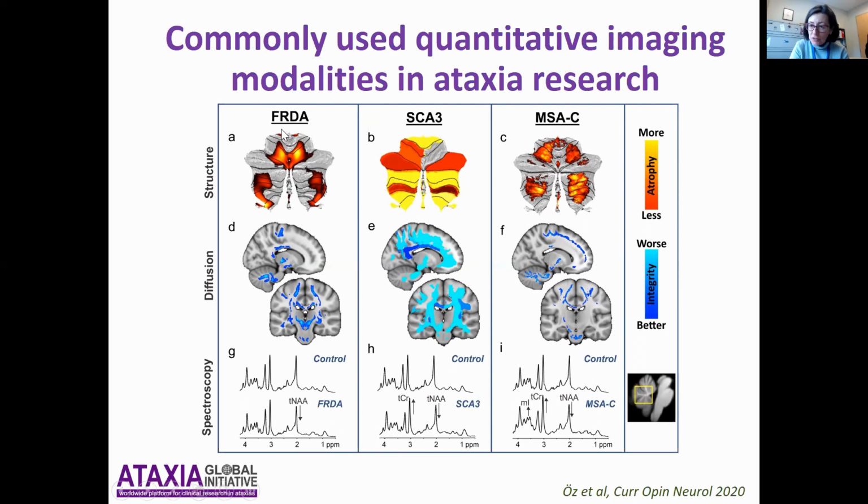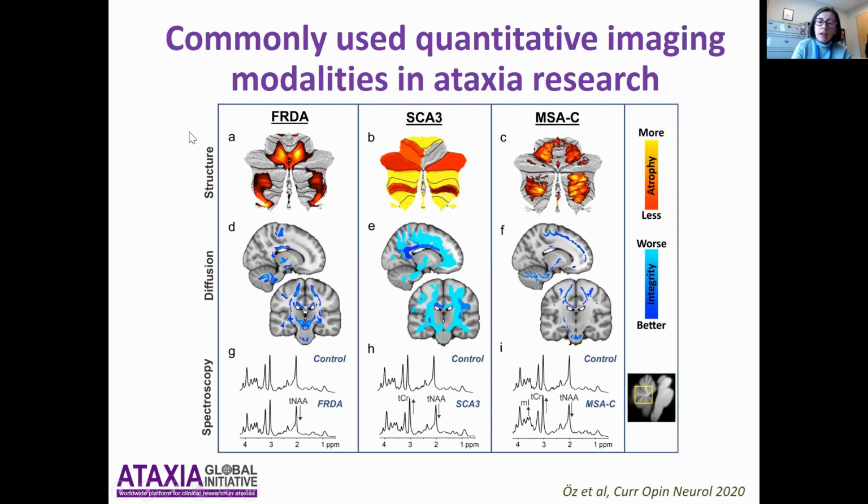This is Friedreich's, the most common recessively inherited ataxia. SCA3 is the most prevalent in the SCA group, dominantly inherited ataxias, and MSA-C, multi-system atrophy, the cerebellar form, as the prevalent example of sporadic ataxias.